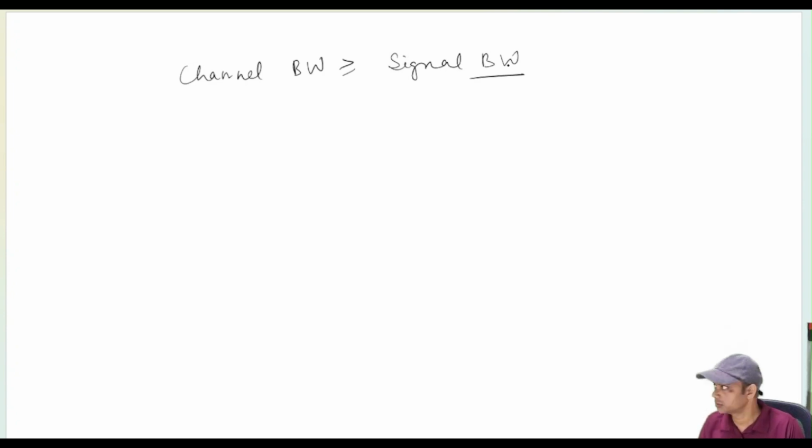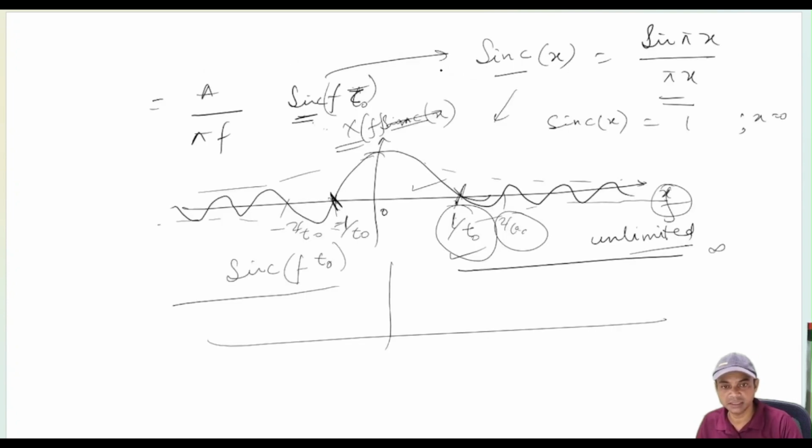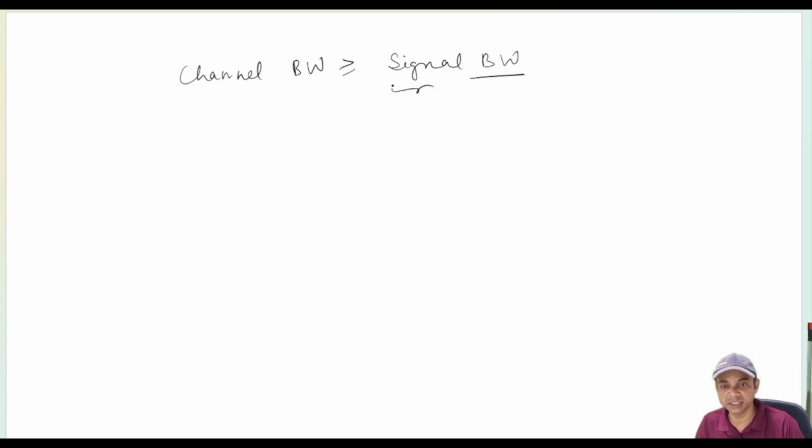Here the signal bandwidth is unlimited, going from minus infinity to plus infinity, so we have to limit this bandwidth so that we can transmit the signal in that channel.